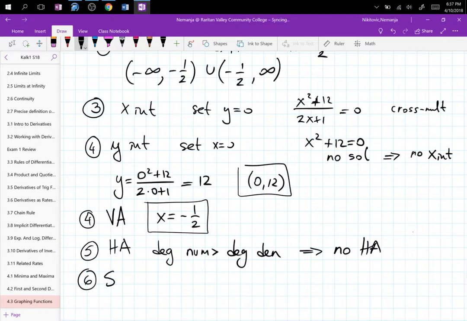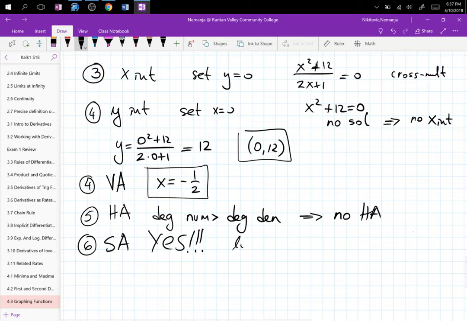Do we have a slant asymptote? Yes. The degree in the numerator is 1 bigger than the degree of the denominator.